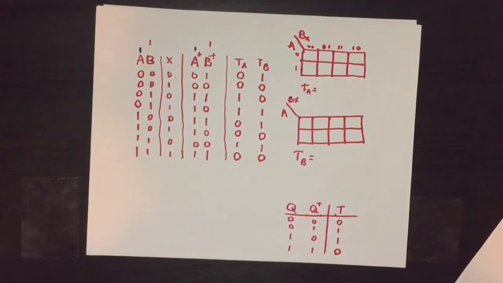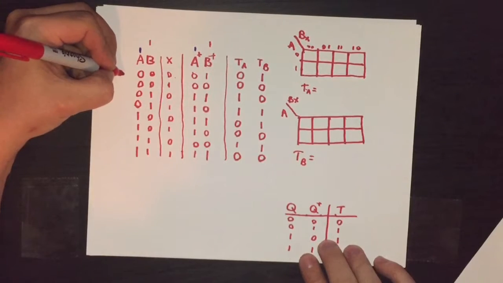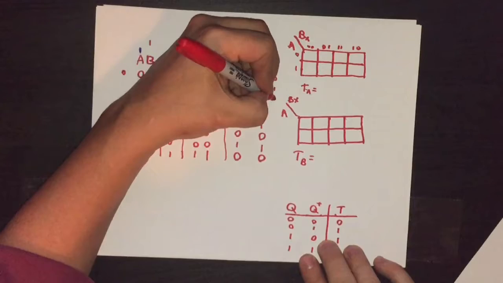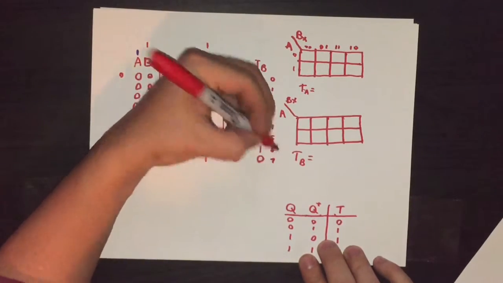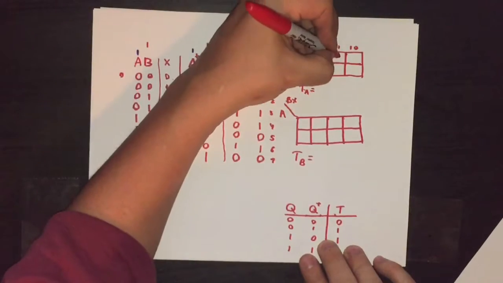Now let's take our min terms and fill up these K-maps. So I like to number 0, 1, 2, 3, 4, 5, 6, 7. Okay, so we got ones at 2 and 3.